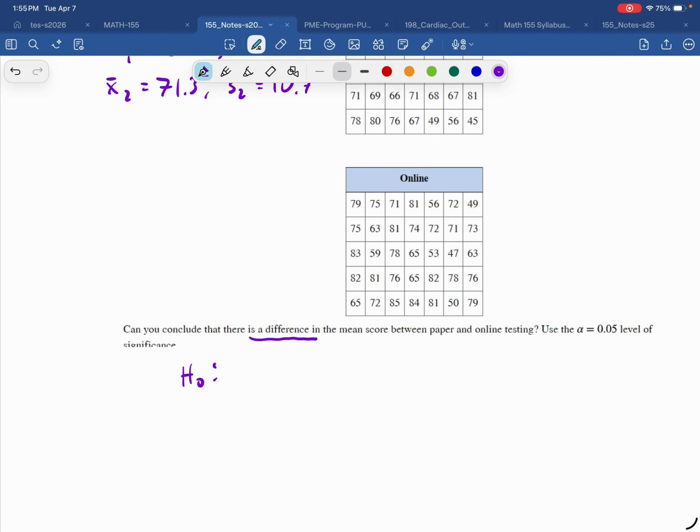The null hypothesis is that mu1, the paper one, minus mu2, the online score, equals 0. Alternate is that, again, their difference does not equal 0.